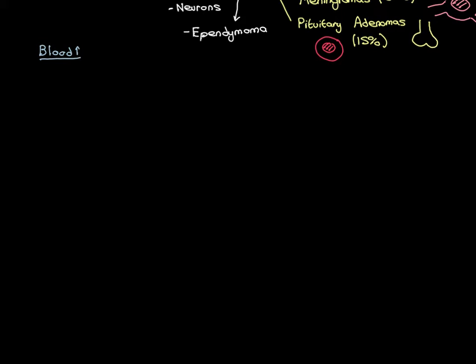So, what sort of things then can lead to the amount of blood inside the skull going up? Well, this is not rocket science, it's very simple. Hemorrhage leads to the amount of blood going up inside the skull.